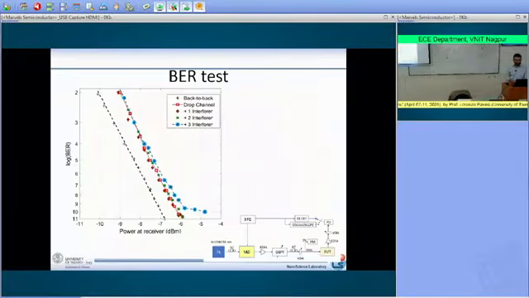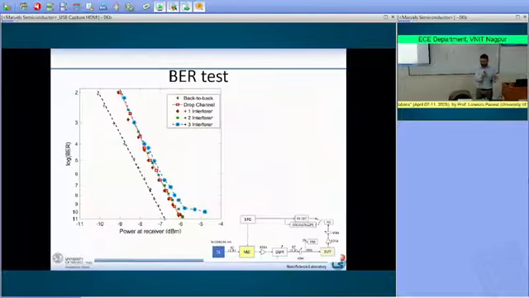You can also look at the bit error test, and you see that you do not add any significant penalty by using the optical switch. So everything looks like it works. You also have a very negligible contribution by the interferer.